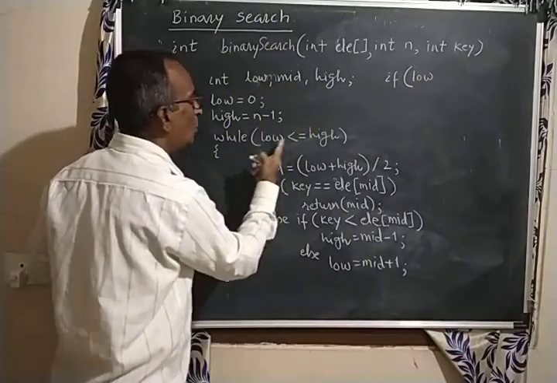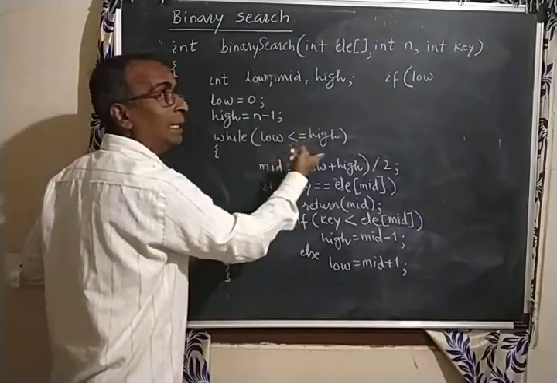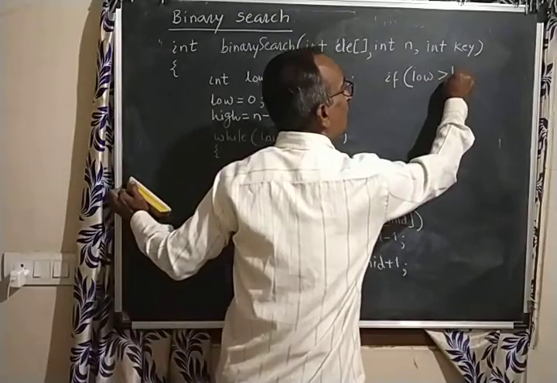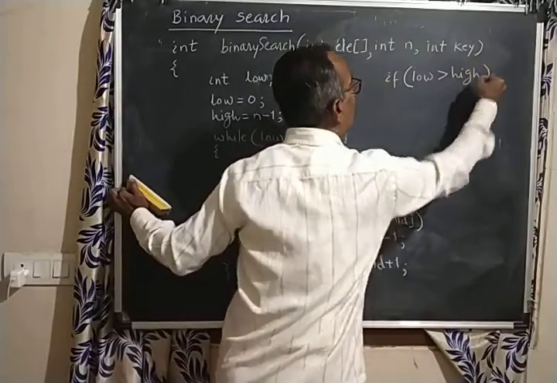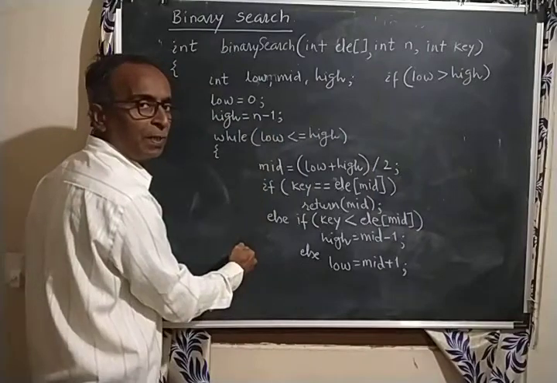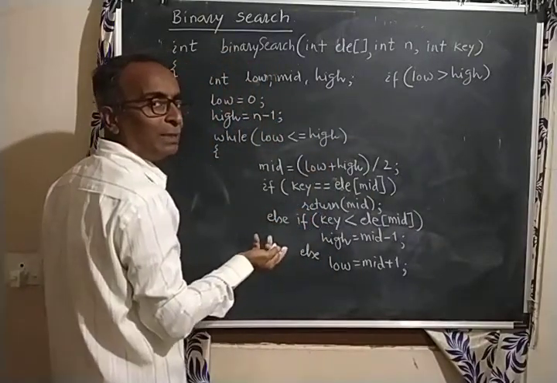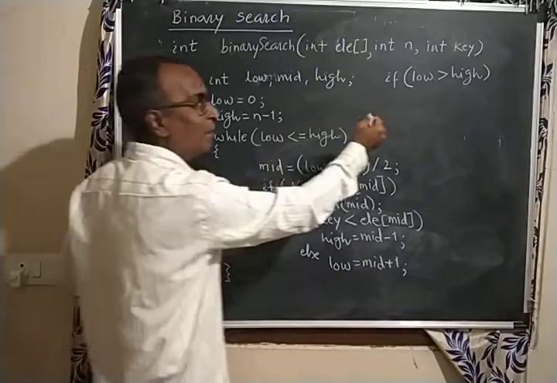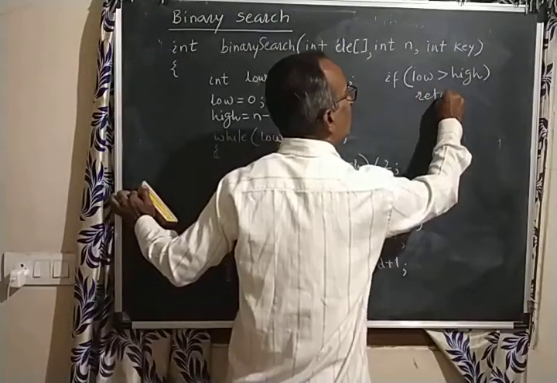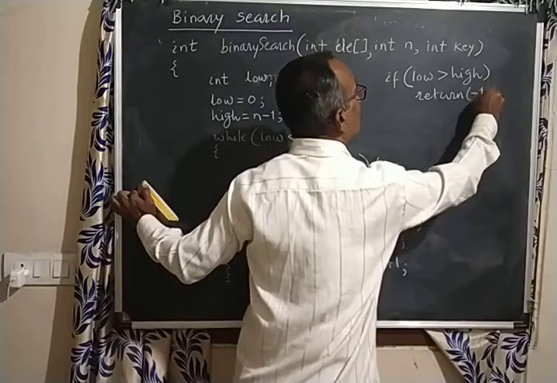When it comes out of this loop when low is greater than high, what does it mean? It is an unsuccessful search. So what you are returning? Return minus 1 here. That's it.